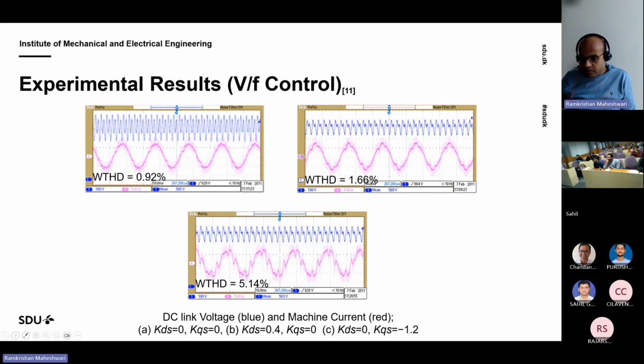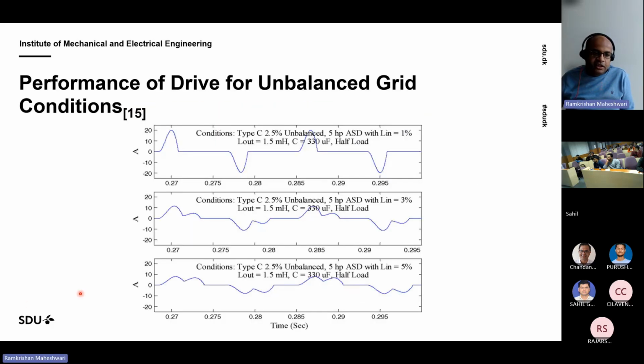Now, what is the performance of the system in unbalance? So if I have a big DC link capacitor and we have some unbalance in our grid, then sometimes the system can go under single phase operation.